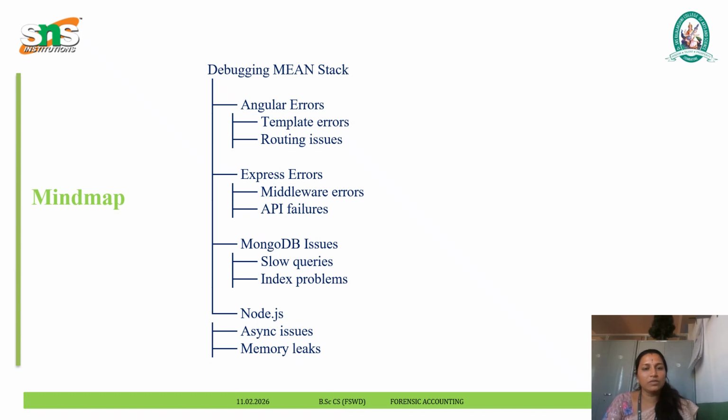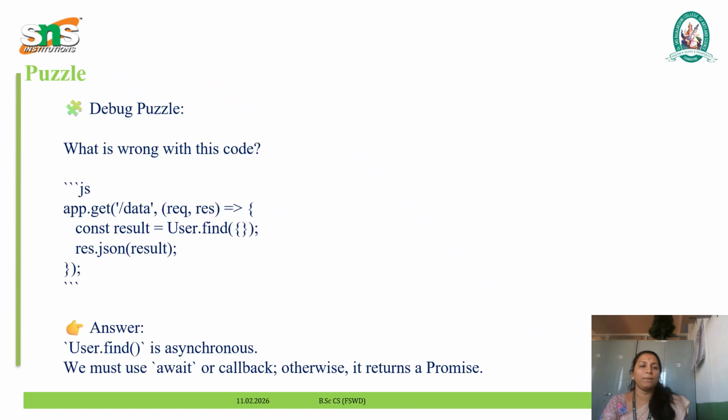This will help us fix the errors in a proper way, from the queries under asynchronous issues, to memory leakage, to the index problem, to the middleware errors, and the routing issues will be rectified, and everything will be completed.